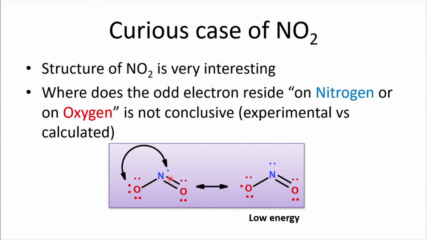If you look at this arrangement, it has a low energy. In other words, the odd electron present on oxygen has lower energy compared to the odd electron kept on the nitrogen. This is what theoretical calculations show, but experimental evidence is not very clear.